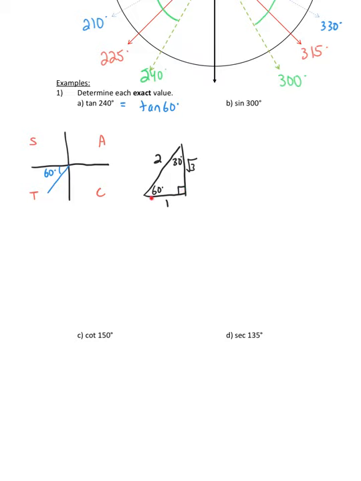Opposite of root 3, adjacent is 1. So I'm then going to just say that tan of 240 is root 3 over 1, which is just root 3. So really what I'm looking for as a final answer is that tan of 240 is equal to root 3. These questions are basically right or wrong.